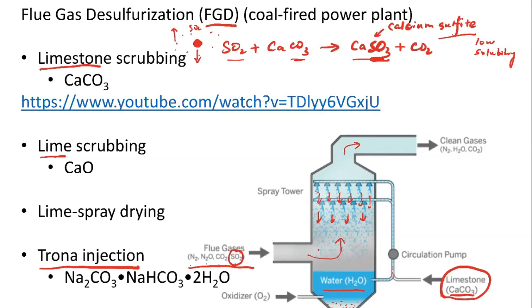But one thing we also know is that the calcium sulfide or these sulfide ions are not stable. So they can easily get oxidized by oxygen, right? So what happens is calcium sulfide can react with oxygen to form calcium sulfate. So the solubility for the calcium sulfate is further lower.